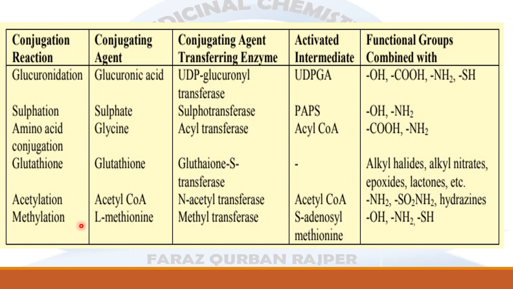Methylation is also one of the conjugation reaction types that occurs with the methyl transferase enzyme, and S-adenosyl methionine is the activated intermediate. Hydroxyl, NH2 and sulfhydryl are the groups. So from the exam point of view, for the GPAT exam or any commission type of exam, this table is important, that which type of reaction occurs for which functional group.